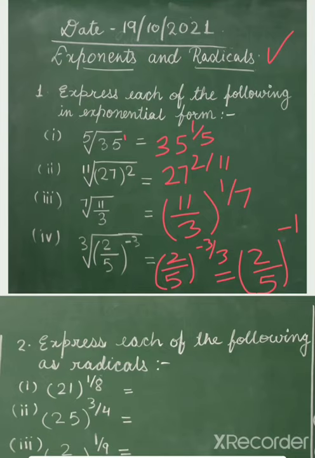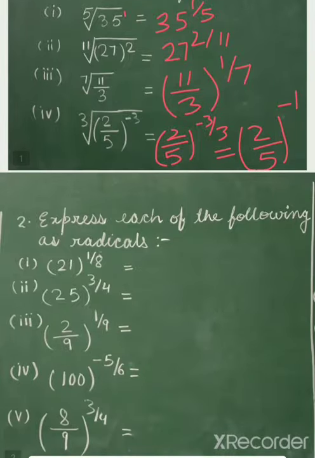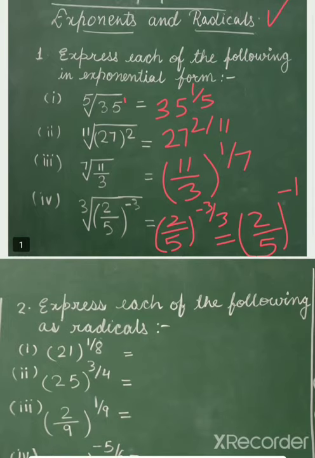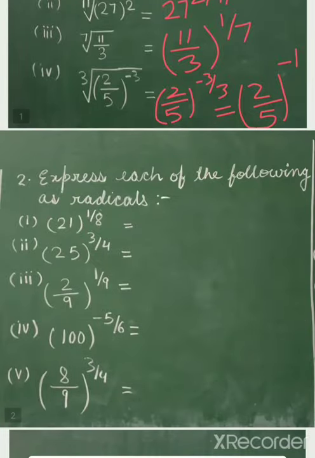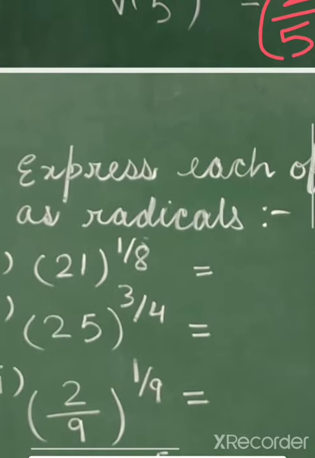Now question number 2, we have to express each of the following as radicals. In question number 1, it was in radical. We have written it in exponential form. And now it is given in exponential form and we have to express it as radicals. So question number 1 is 21 to the power 1 by 8. So this numerator 1 will be the power of 21.